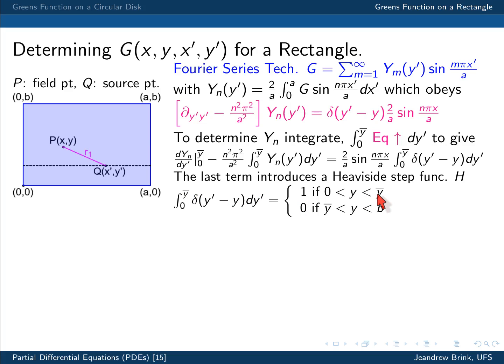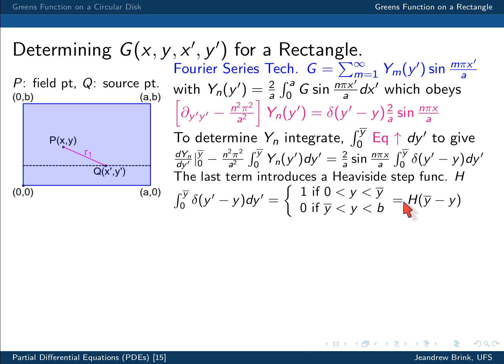So if this thing has its spike before y bar, if this thing in here has a zero point in the domain of integration, it is 1. If this part in here has no zero point, in other words, if y bar is less than y, which is less than b, then the value is 0.